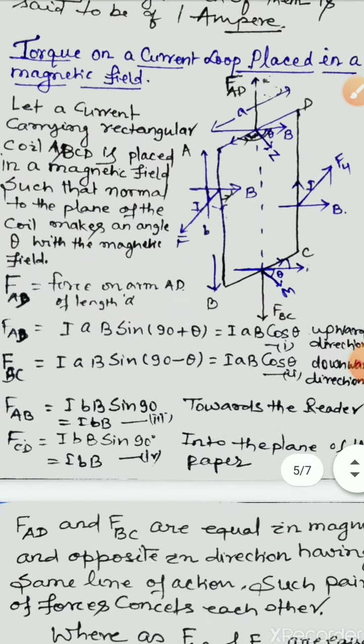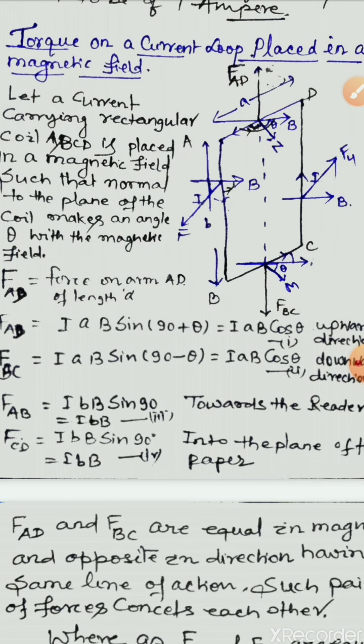Now force on the arm AB. Force on the arm AB is equal to I b B, where capital B is the magnetic field and small b is the length of the arm AB. The angle between them is 90 degrees.